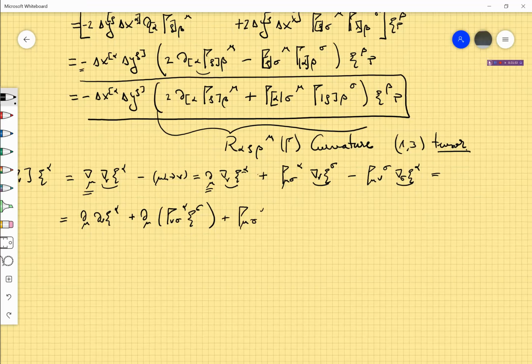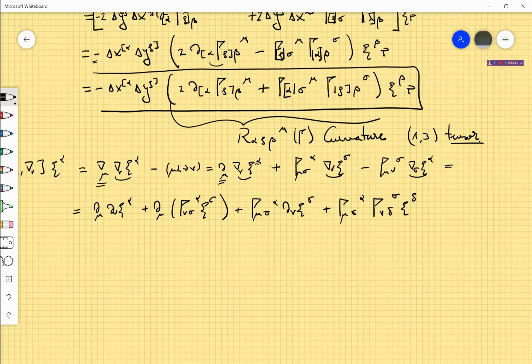We have mu sigma alpha, and there is the partial derivative, and there is also the term with gamma mu sigma, and here delta psi delta. So this takes care of the second term, and finally we have the last term, gamma mu sigma, which I'm going to leave just as it is, because I forgot.